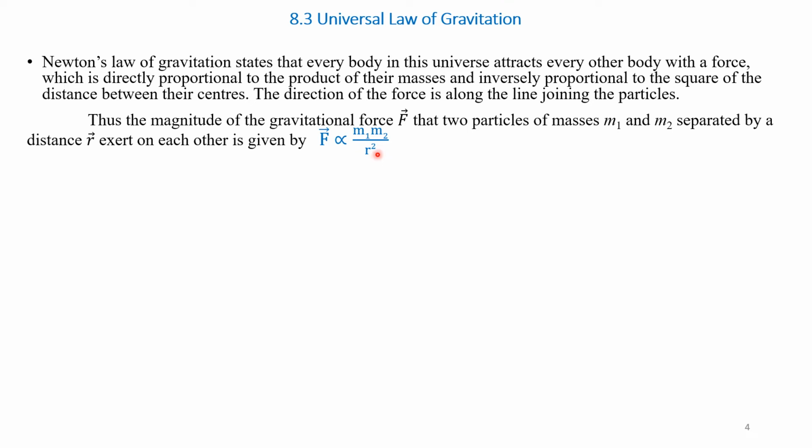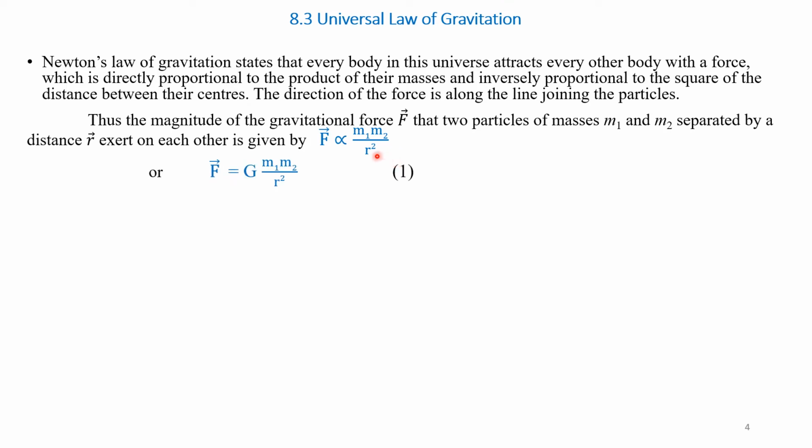So, if m1 is the mass of body 1 and m2 is the mass of body 2 and the distance between m1 and m2 is r, then the universal law of gravitation states that the force between m1 and m2 is directly proportional to m1 m2 and inversely proportional to r square.